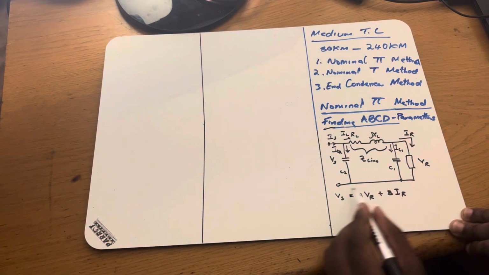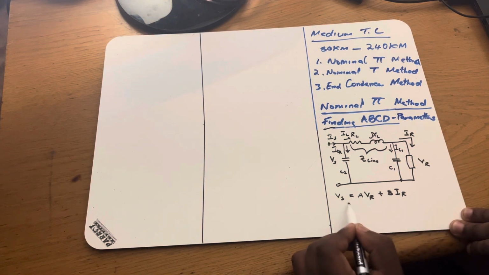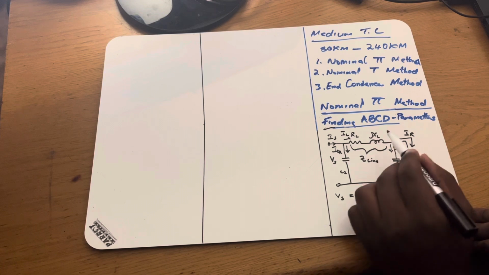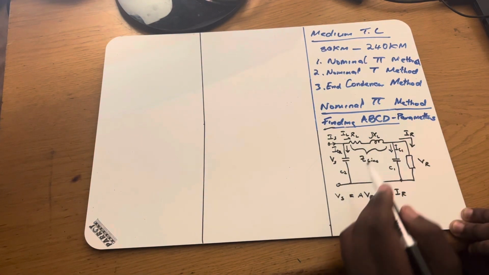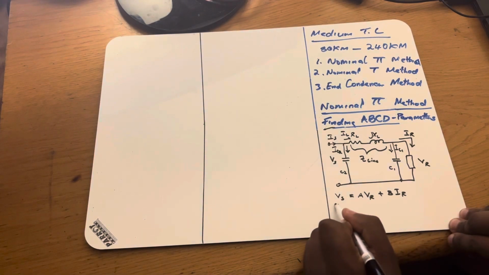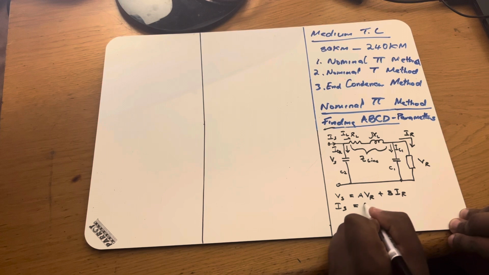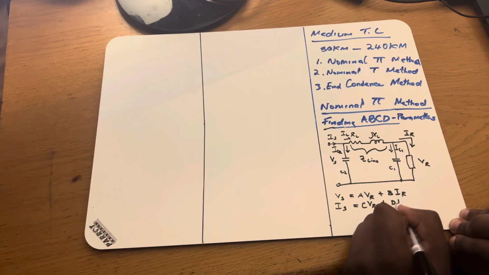So this will be the equation for VS. By looking at this equation, we need to calculate A and B using the medium transmission line equivalent circuit. So IS looks like this: C VR plus D IR.